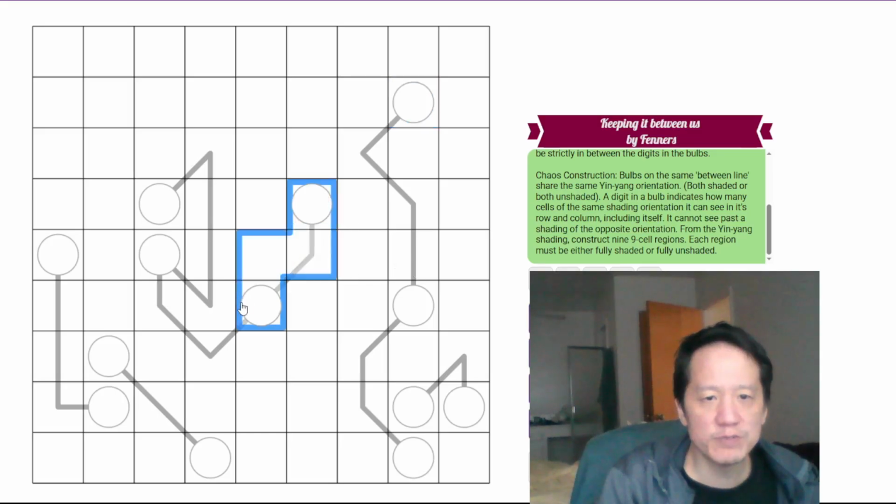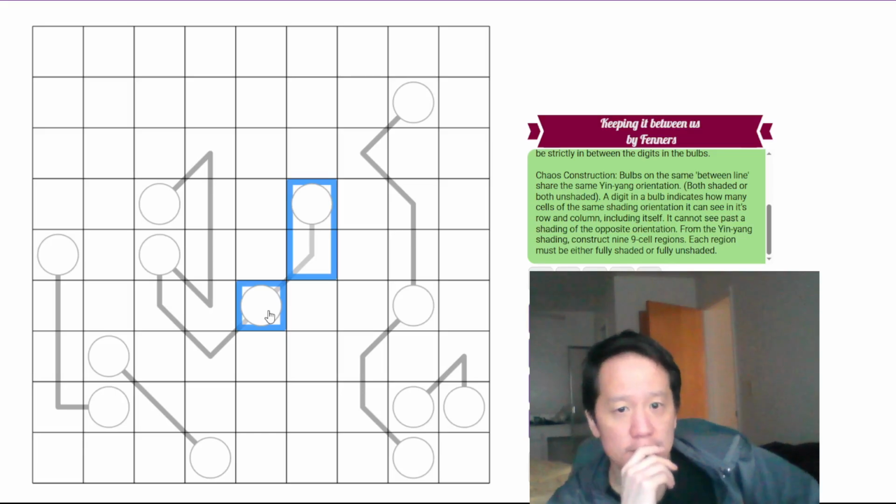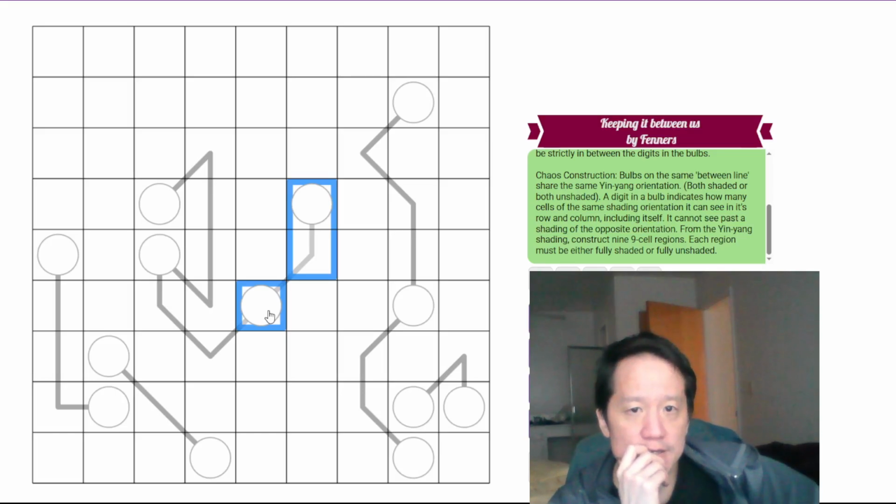So wherever there's a between line or a bulb, actually 2 can never be on a between line. Interesting.